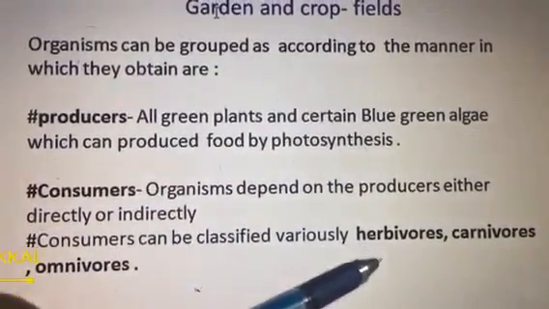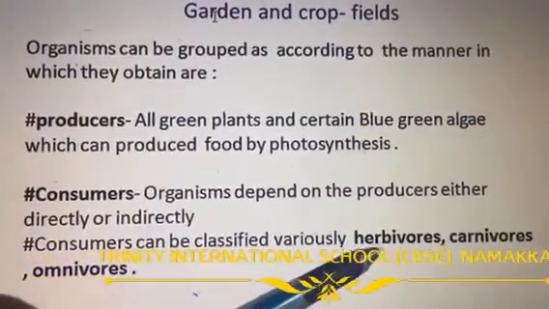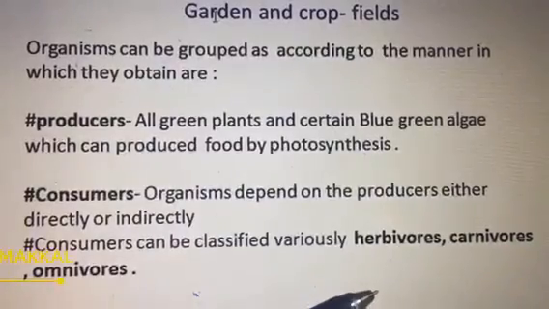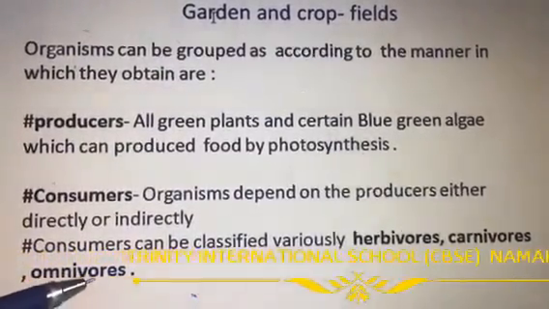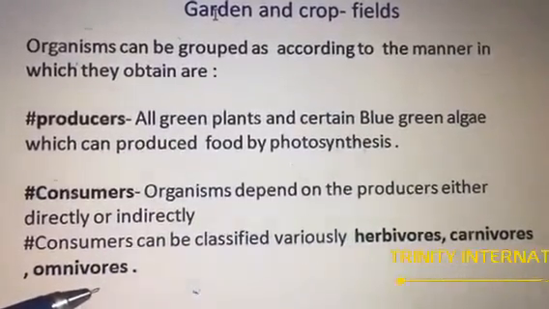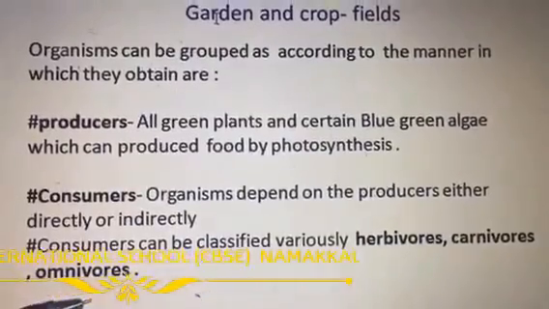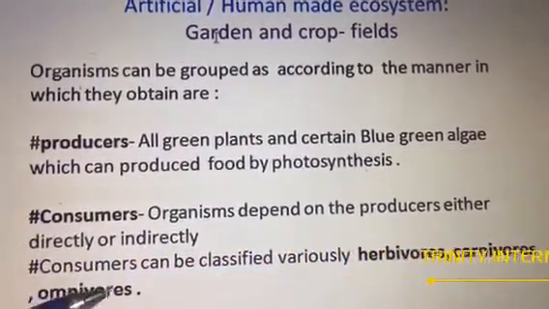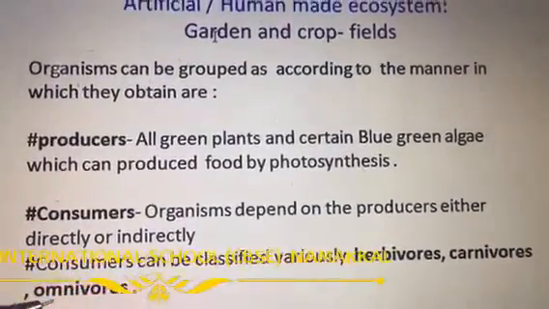Herbivores are the plant eaters, which eat plants. Carnivores are the animals which eat only meat. Omnivores are the animals which eat both plants and meat.